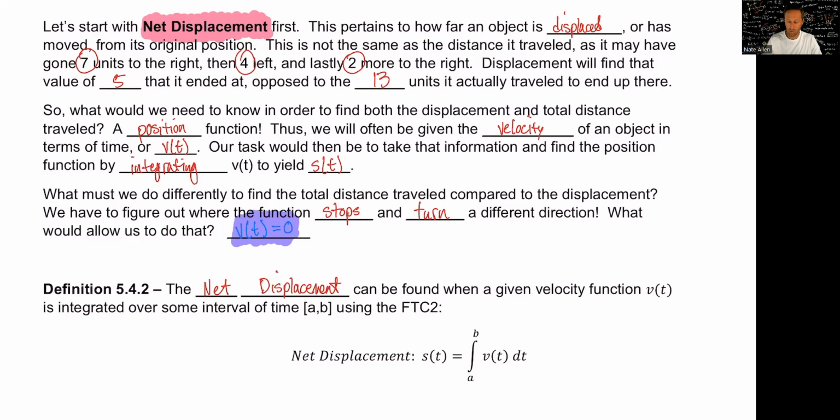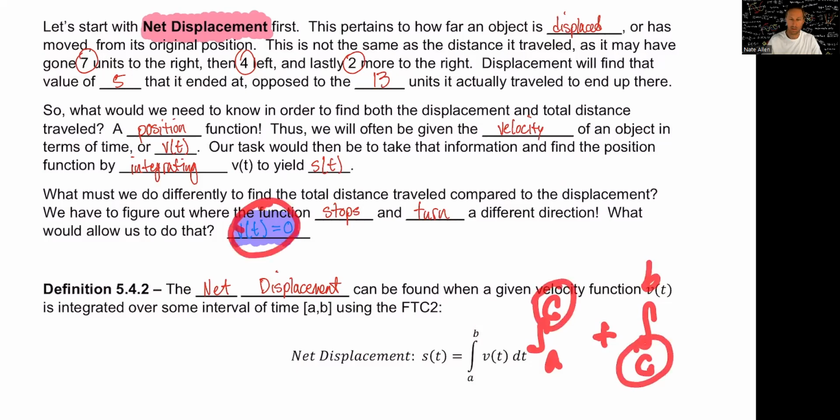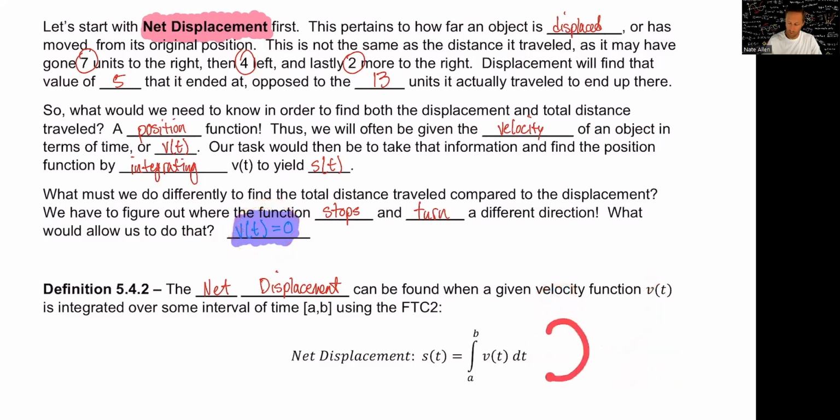And if you recall that we said we could split these integrals up and go from one value to another, and then add that to the same thing to get to our endpoint, then if we can find that place where it stops, then we'll be able to find the total distance that it traveled by adding those values.